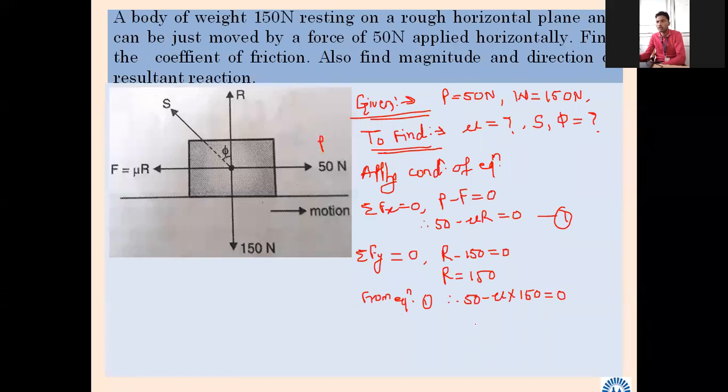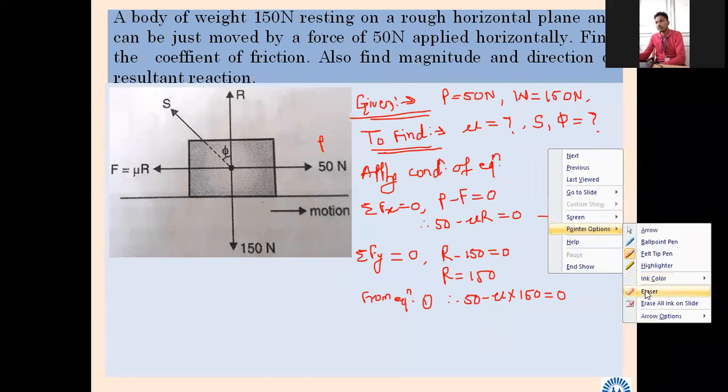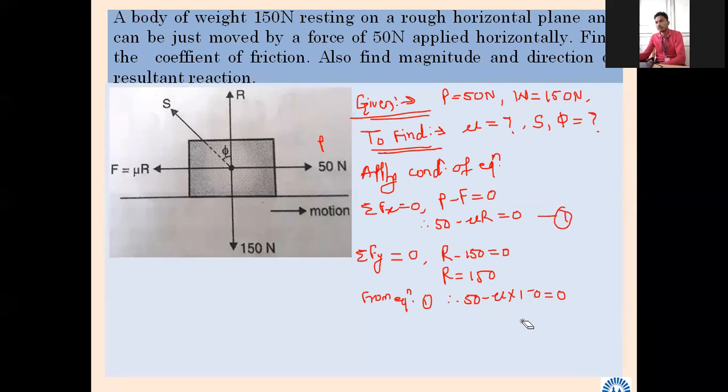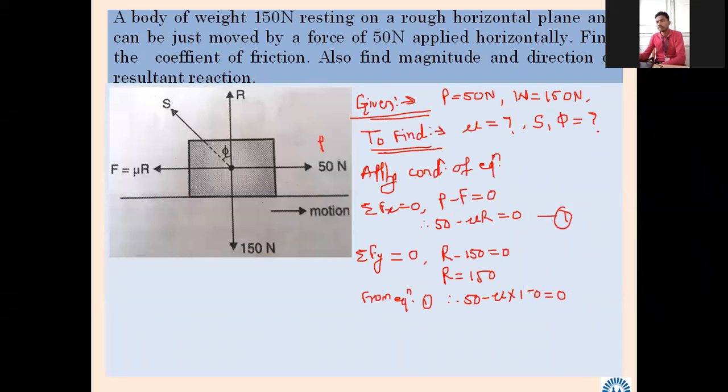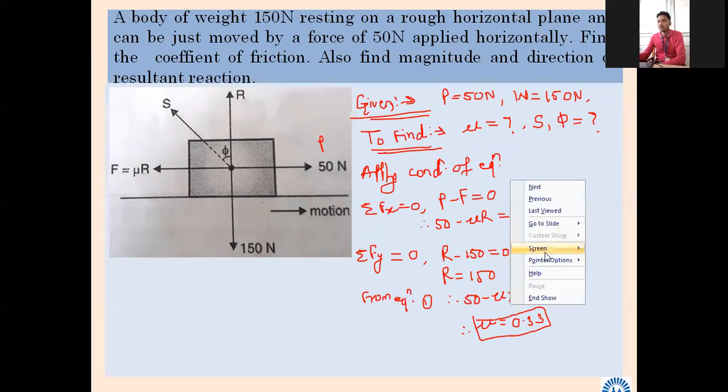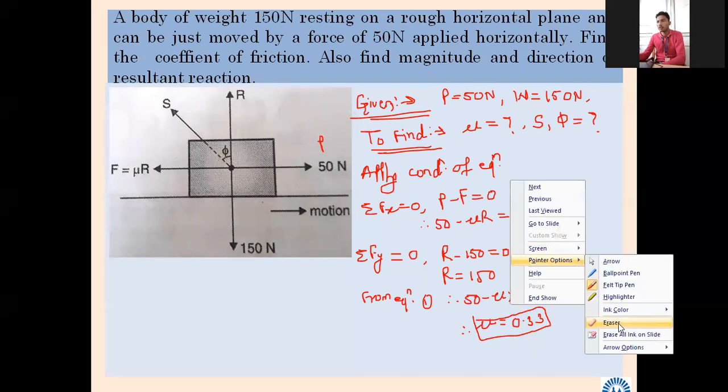So mu equal to 0.333. Therefore, mu is equal to 0.33. Is it between 0 and 1? Yes. Now, what are we supposed to find next?